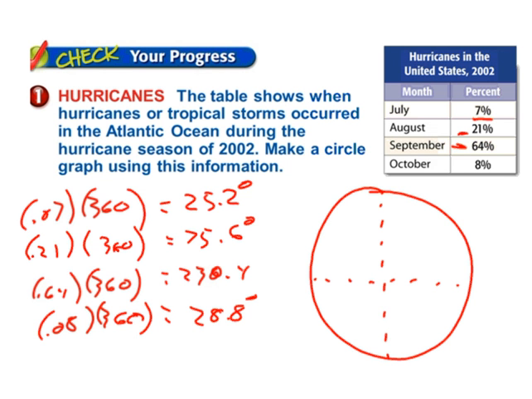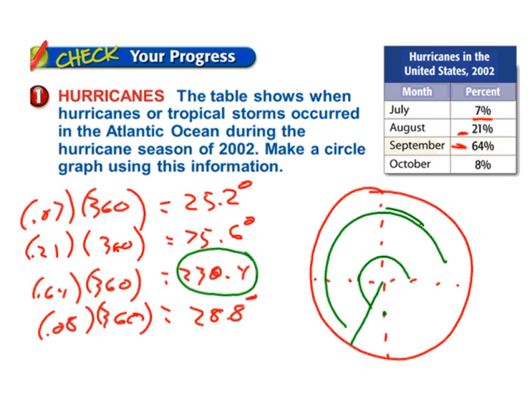All right, the first area I'm going to graph is this 230 degrees. Well, 230 degrees is about, there's 90, there's 180. All the way to here would be 270, and I only need 230, so I'm going to go about 40 degrees short of that. And I would say that all of this portion is the 64%.